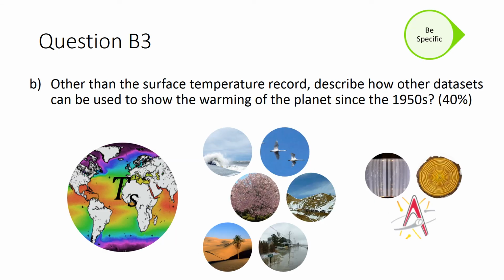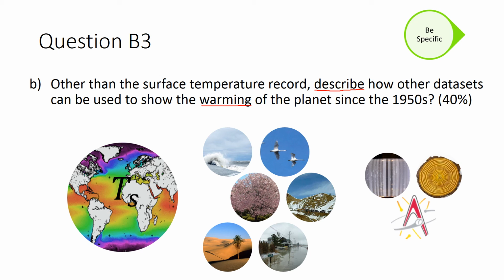Okay, and then the last part of this question is what else can we look at to explain, or what other evidence is there essentially for global warming? Okay, so other than the surface temperature record, so we know a describe here. Okay, so how other data sets can be used to show the warming of the planet. So here once again I've put this little tag up here, be specific.